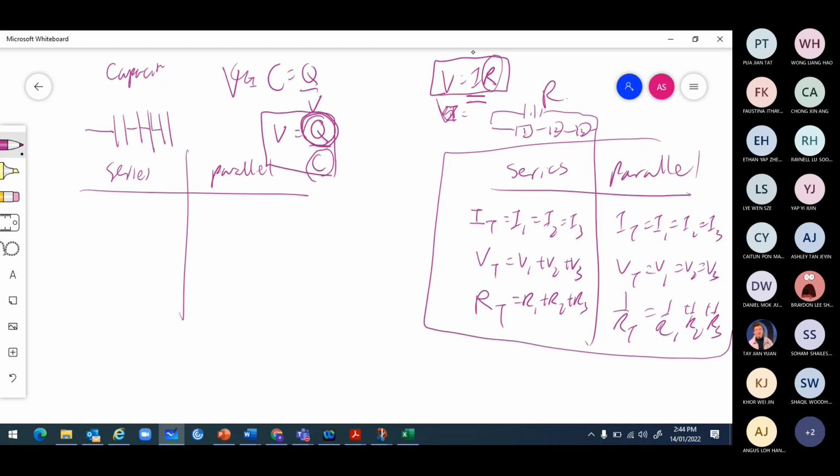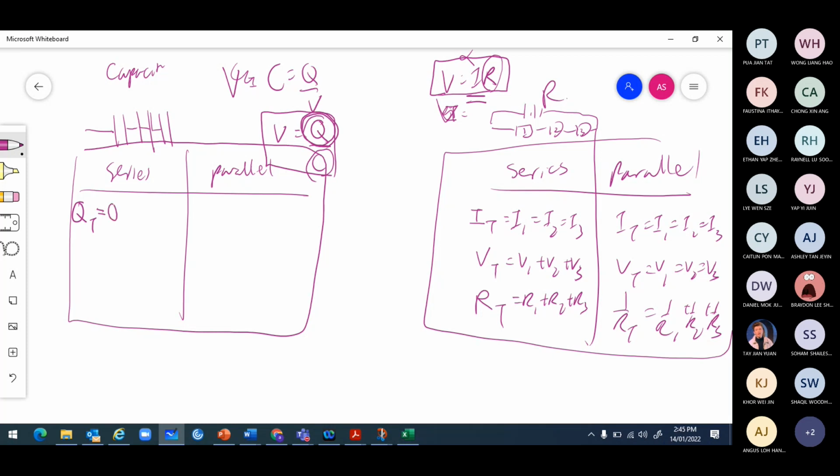Voltage and resistance are proportional, but voltage and capacitance are the other way around. The shortcut for how the equations change for capacitors in series and parallel is that current is replaced by charge, because current is the rate of flow of charge.